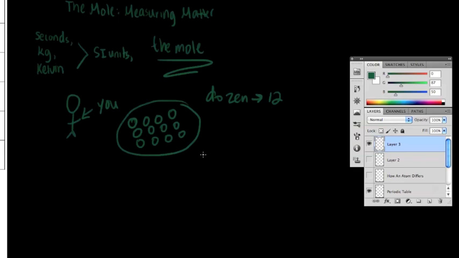However, if you said, I have a dozen houses, obviously we're talking about different things here with different masses. I don't feel like drawing these all out, but a dozen cookies is not equal to a dozen houses.